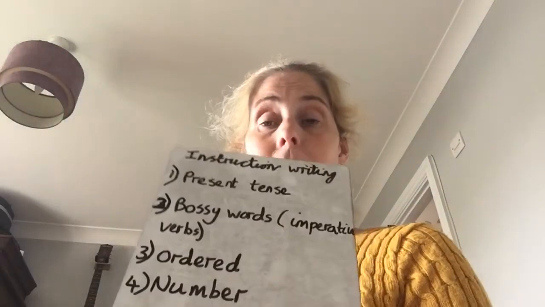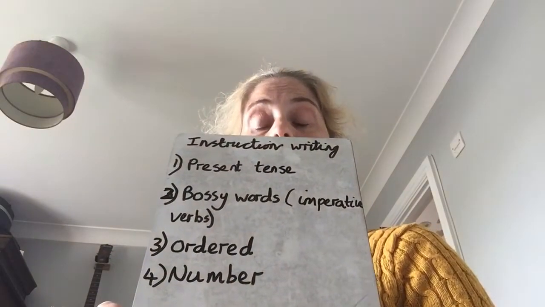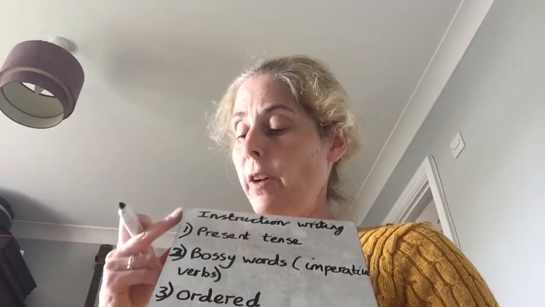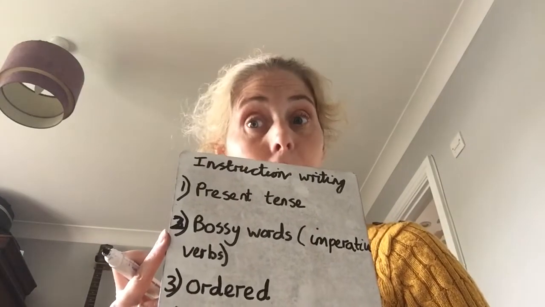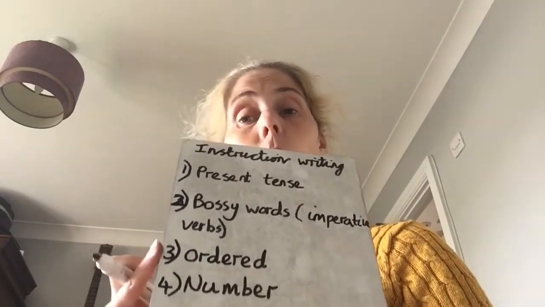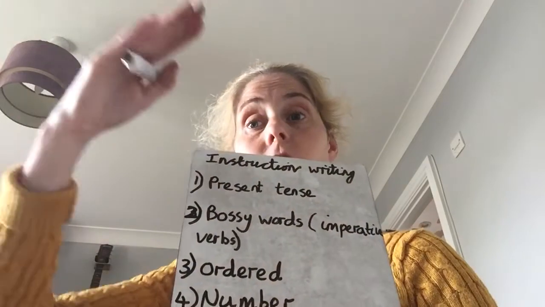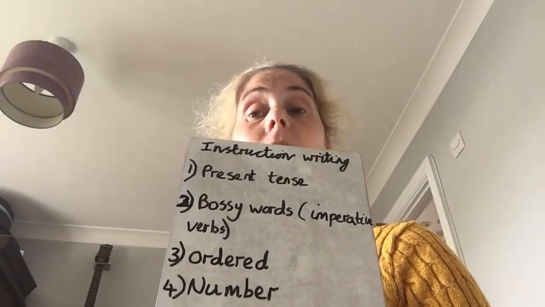And an easy way to make sure they're ordered is to number them. So actually, it's also important to number our instructions. So far we've got present tense, bossy words, imperative verbs and adverbs, ordered instructions, so it's easy for somebody to follow.